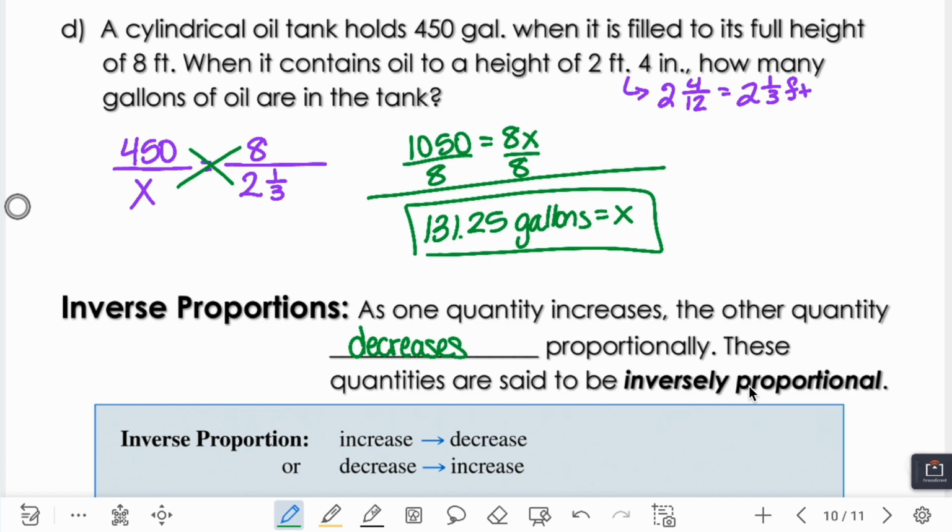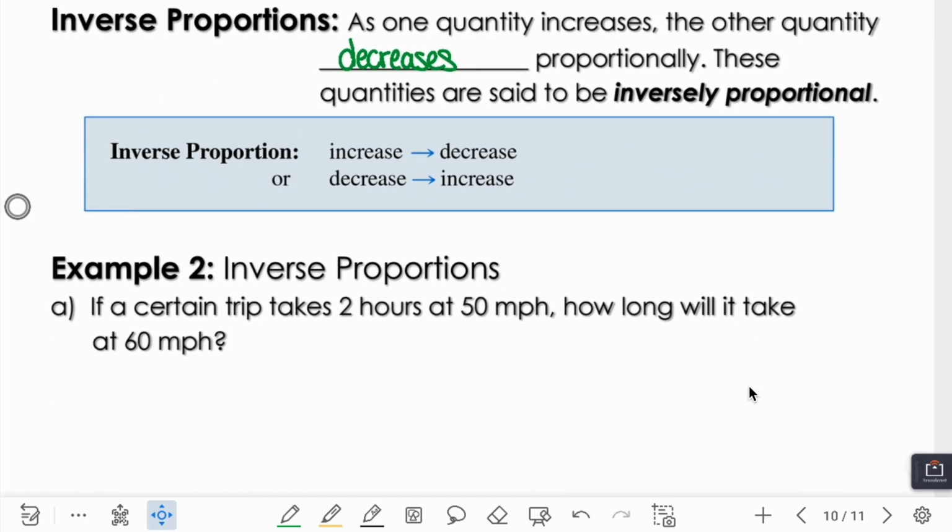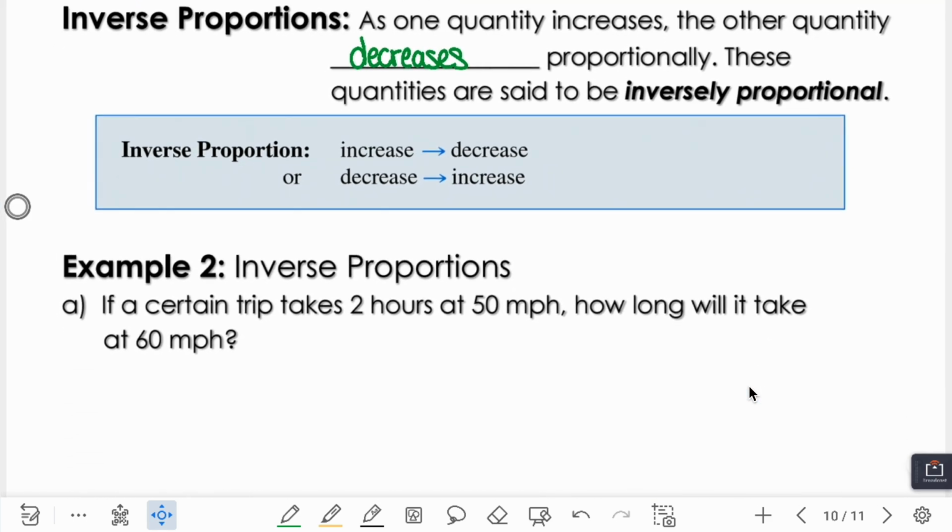These are said to be inversely proportional. In your blue box, it shows that as the first value increases, the second decreases, or if the first value decreases, then the second increases.